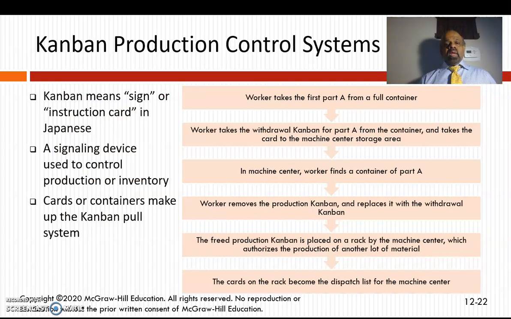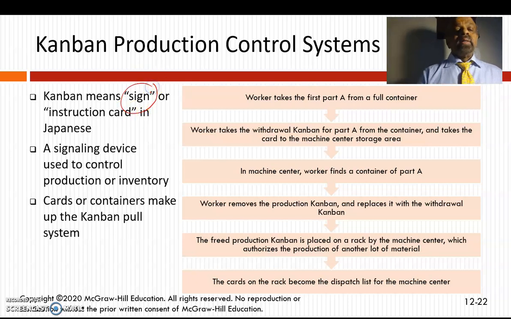Kanban is a production control system, and please watch a video that I've uploaded on Kanban. Kanban means sign, a placard, or an instruction card in Japanese. Kanban came from Japan, from Toyota.